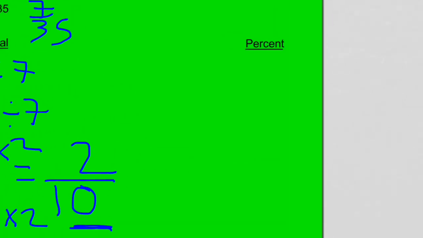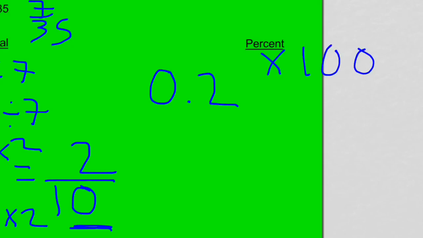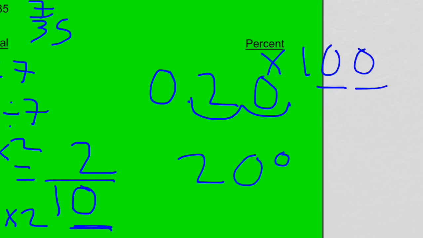For the percent, 0 and 2/10, mentally multiply by 100, shift the decimal 2 spots, 0 in the open spot, and that's going to be 20%.